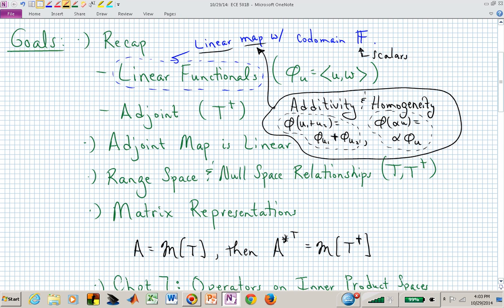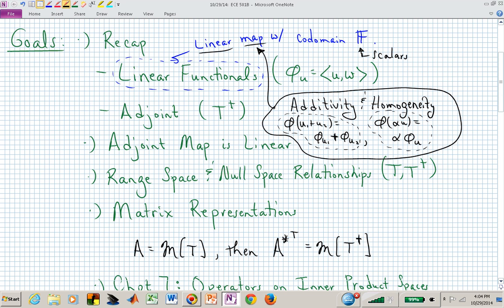That's the adjoint. We'll show that the adjoint map is in fact linear, and then we will look at this result that shows relationships between range space and null space of these maps and their adjoints. Meaning the null space of the linear map T is equal to something related to T dagger, etc. And we'll show that.